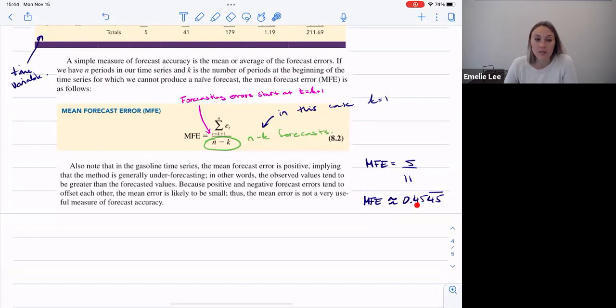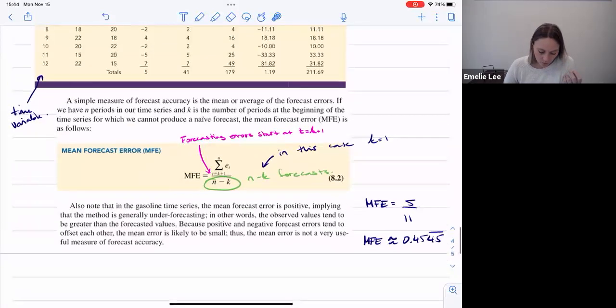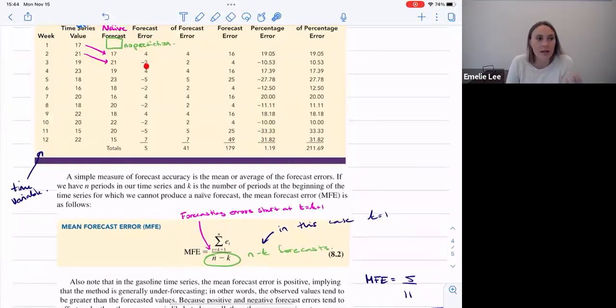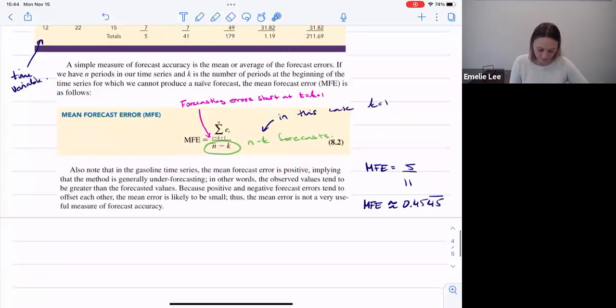One of the problems we run into, which we've already seen with the residuals in regression, is that if some of these are positive and some of them are negative, they're going to cancel out. That's why we're going to end up close to 0 most of the time if we're just looking at the mean, and that becomes a problem.